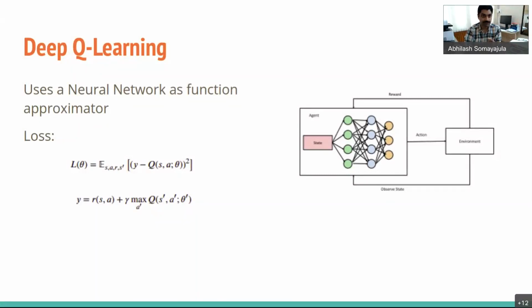If it has not converged, the action I took would be different from the action recommended by the network. So ideally, in the best case scenario, I want to see that y minus Q goes to 0. That is the main idea.